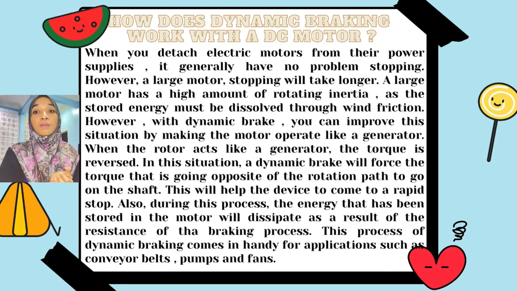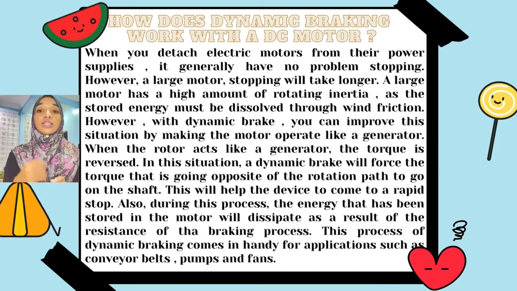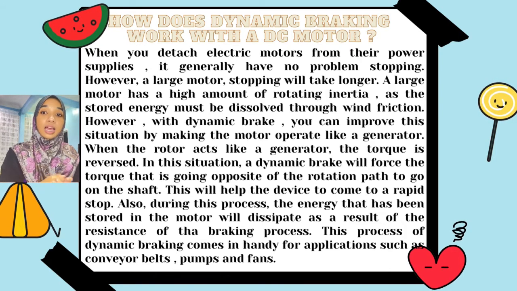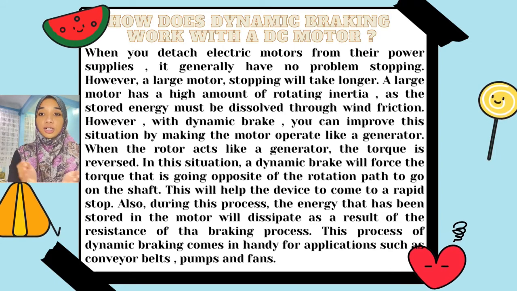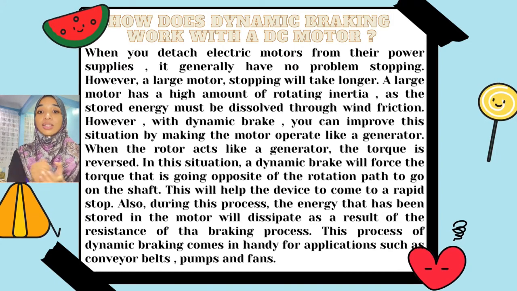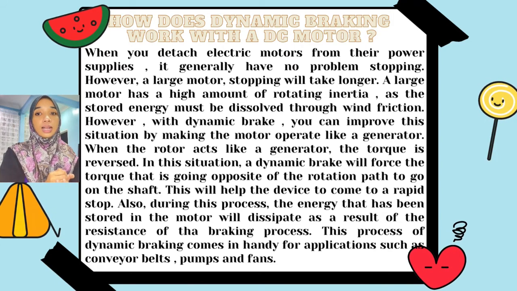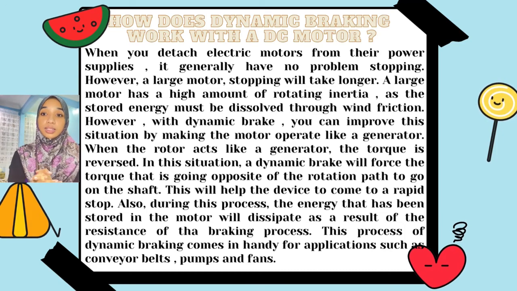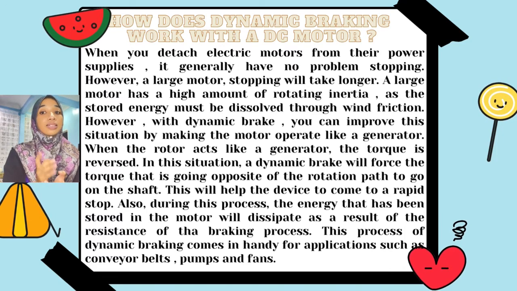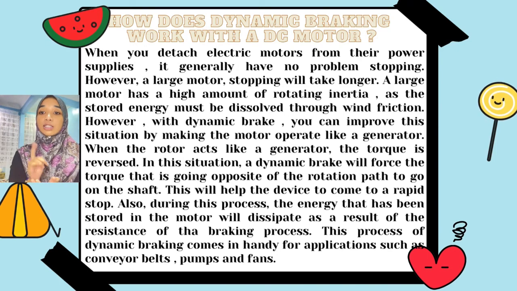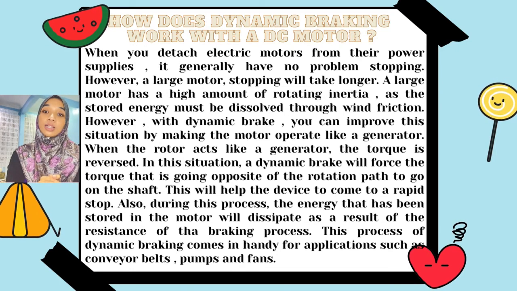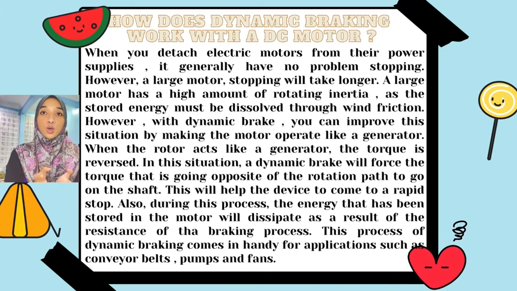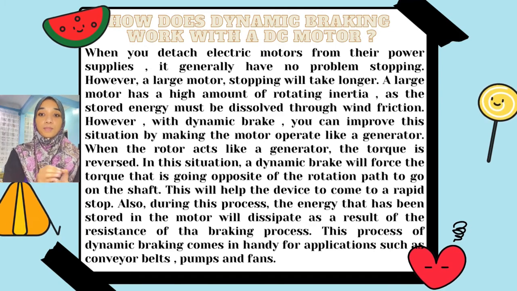However, with dynamic braking, you can improve this situation by making the motor operate like a generator. When the rotor acts like a generator, the torque is reversed. In this situation, a dynamic brake will force the torque that is going opposite of the rotation path onto the shaft.